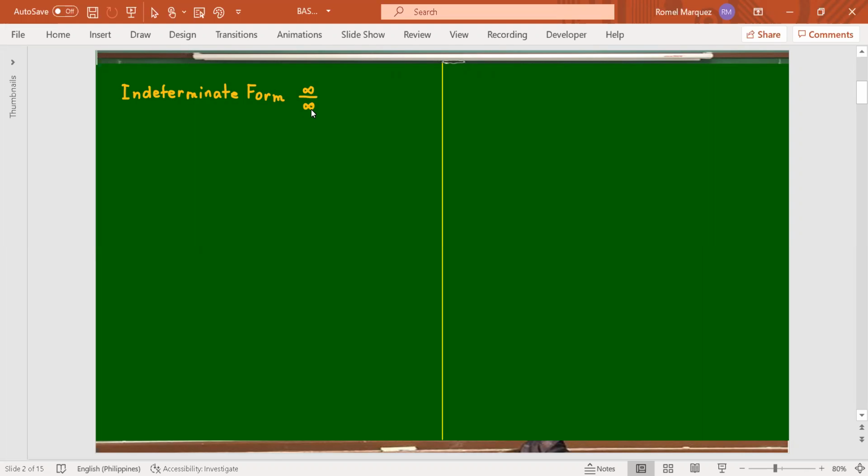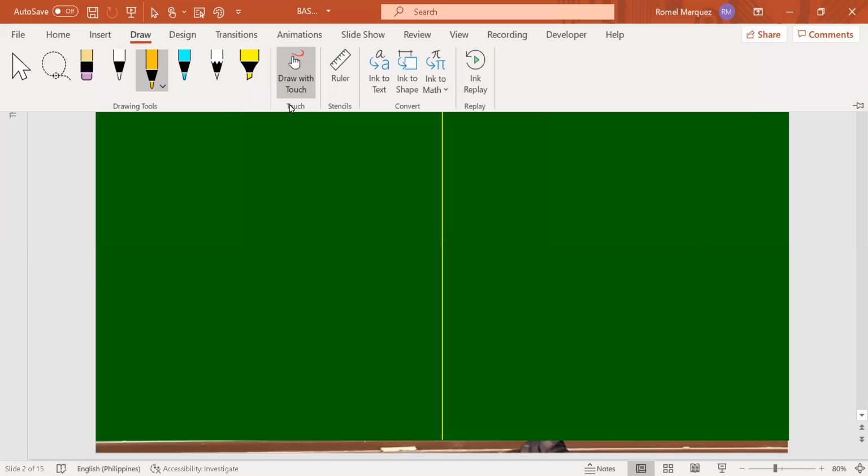Infinity over infinity here means negative infinity over infinity, positive infinity over negative infinity, any combination, okay? As long as infinite. So the sign does not matter here. So all of them take indeterminate form infinity over infinity.